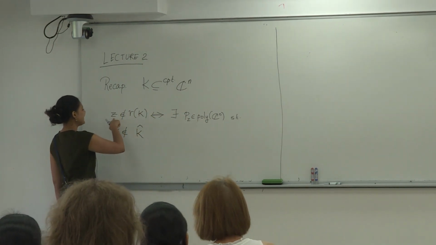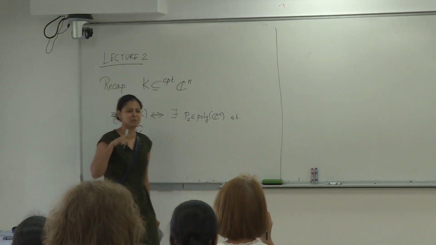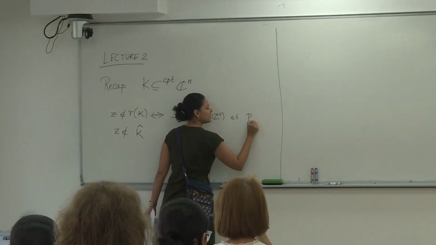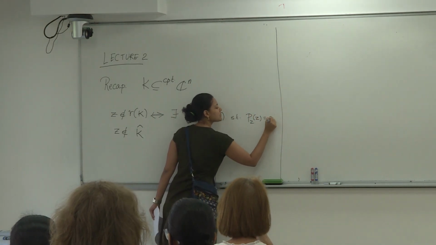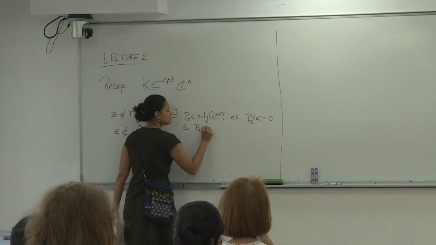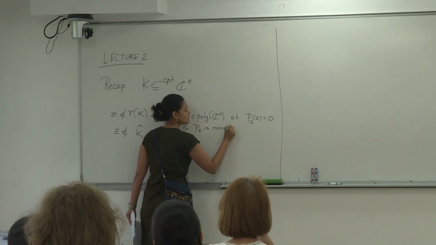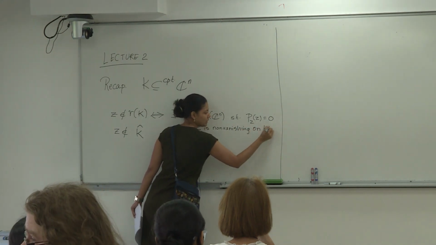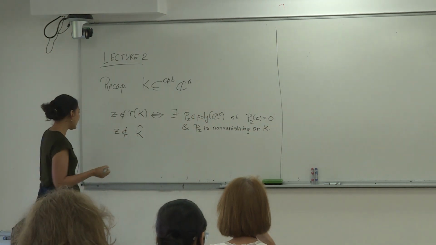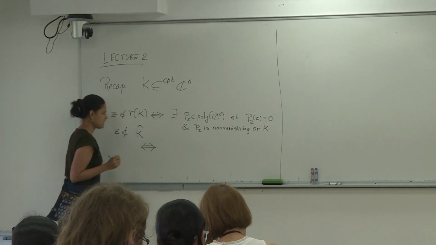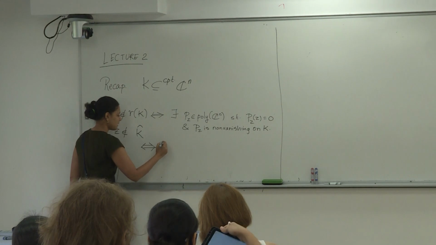I'll switch between this and this for z, and I might also switch between z and z. I'm sorry about that. Okay, such that this polynomial vanishes at this point, and is non-vanishing on K.